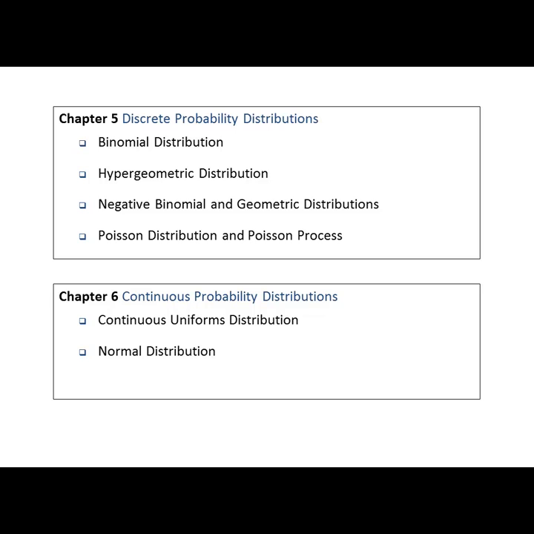So chapter 5, discrete probability distributions. These are the lectures that were posted online. Basically, we covered 4 different distributions: the binomial, the hypergeometric, the negative binomial and geometric distributions, and finally the Poisson. All these distributions belong to the discrete probability distribution family.